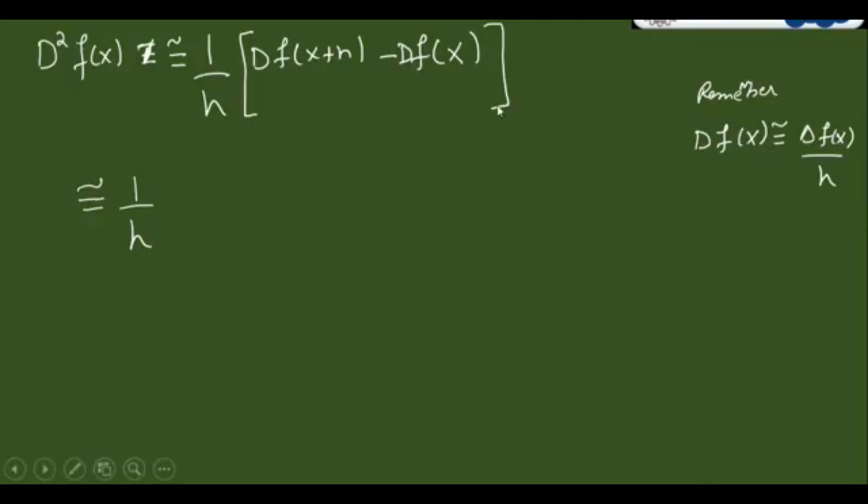If f of x is there, what is the difference here? It is also a first order operator, but here we have f of x and here we have f of x plus h. Both are operating with the same operator, the derivative operator.